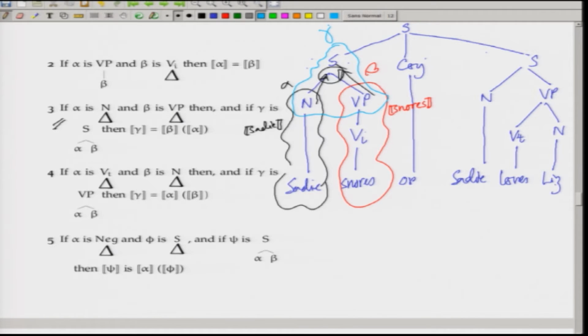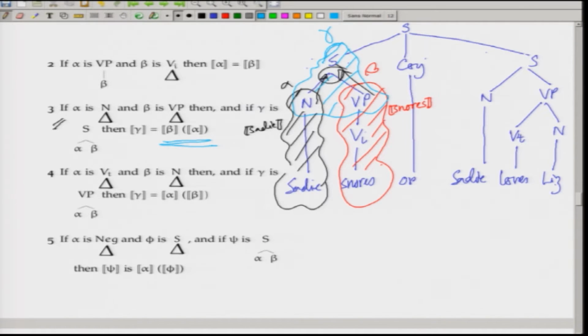If this is the case, so if this thing is alpha, and if this is beta, and if this is gamma, then the rule says that the reference of gamma, that is the reference of this entire node, the reference of this S goes to alpha beta, or in other words S goes to N and VP, will be this thing.